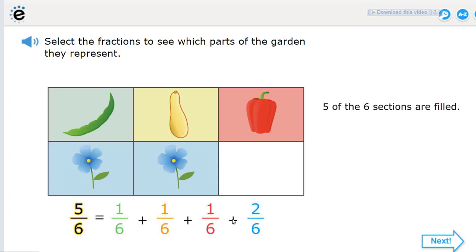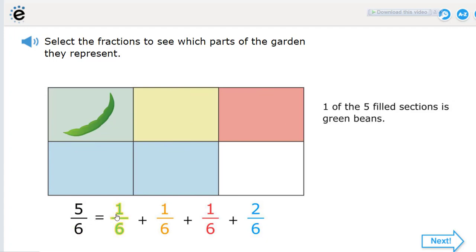Now I'll click each of the fractions. The green one: 1 of the 5 filled sections is green beans. This yellow one: 1 of the 5 filled sections is yellow squash. And the red: 1 of the 5 filled sections is red peppers. And the blue: 2 of the 5 filled sections are blue flowers.